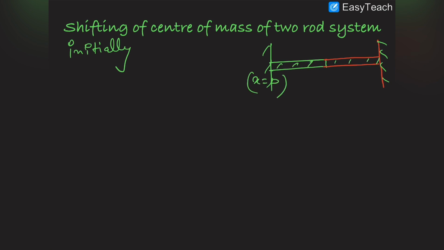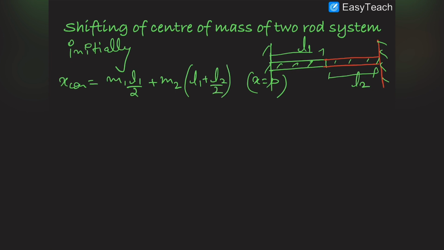This is length L1 and this is length L2, and let us suppose that the masses are m1 and m2. So initially X_COM will be equal to m1 L1 by 2 plus m2 into (L1 plus L2 by 2), divided by m1 plus m2. Now this is the initial position of the center of mass.